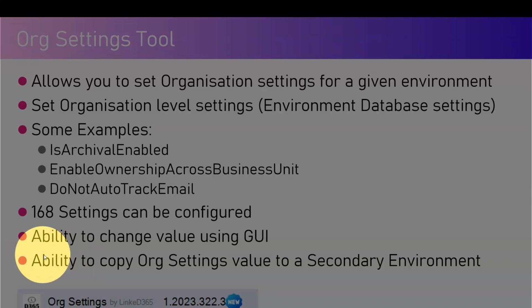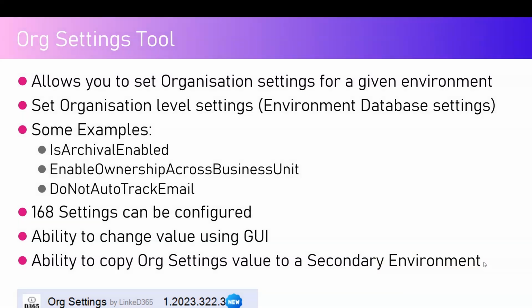Now, this is a good feature. What this indicates is that if you are provisioning environments for a customer project, like dev, test, and prod, and you have set up a dev environment, and now you're setting up a stage environment, and within that stage environment you want like-to-like settings from your dev environment, then this tool will come in handy.